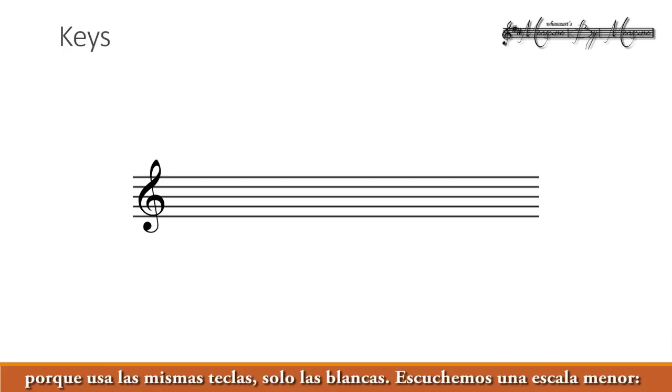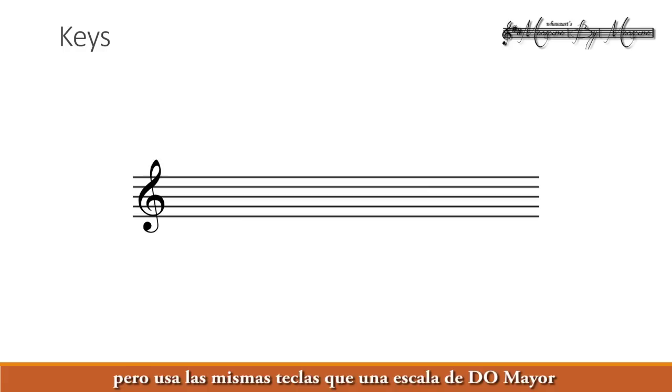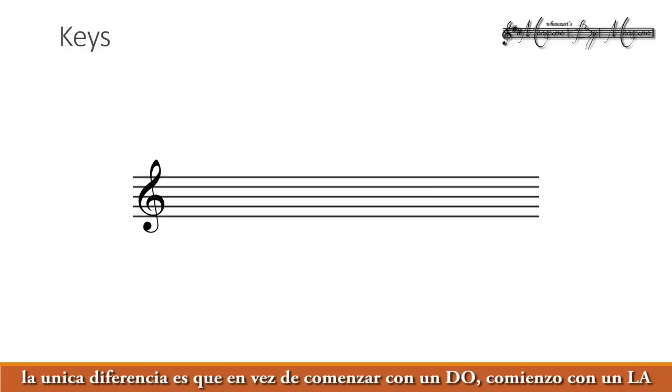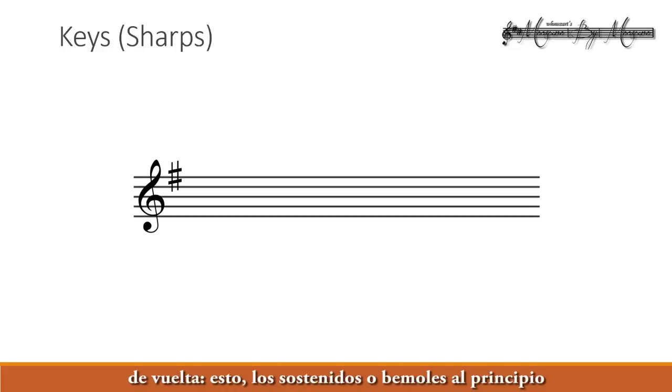Let's hear a minor scale. It sounds darker, doesn't it? But it's the same keys as the C major scale. The only difference is that instead of starting it on a C, I'm starting it on an A. So again, the sharps or the flats in the beginning determine the key the song is going to be played in.